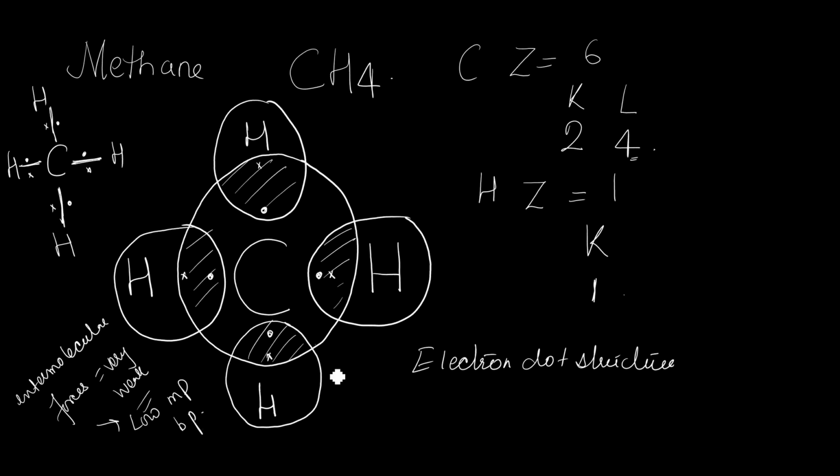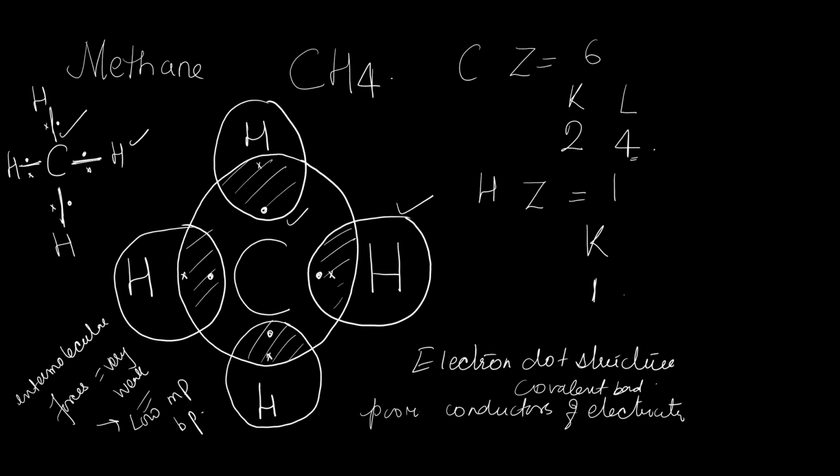Since the electrons are shared between the atoms, no charged particles are formed. That is why the covalent compounds are generally poor conductors of electricity. Covalent compounds are poor conductors of electricity.